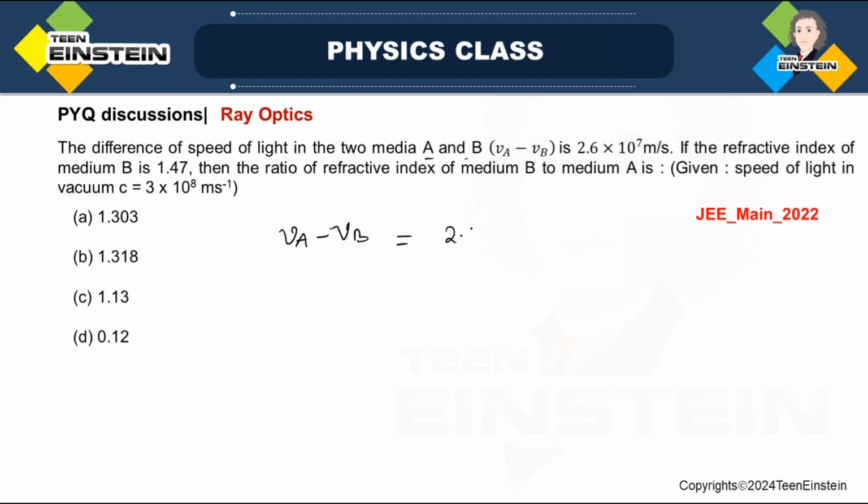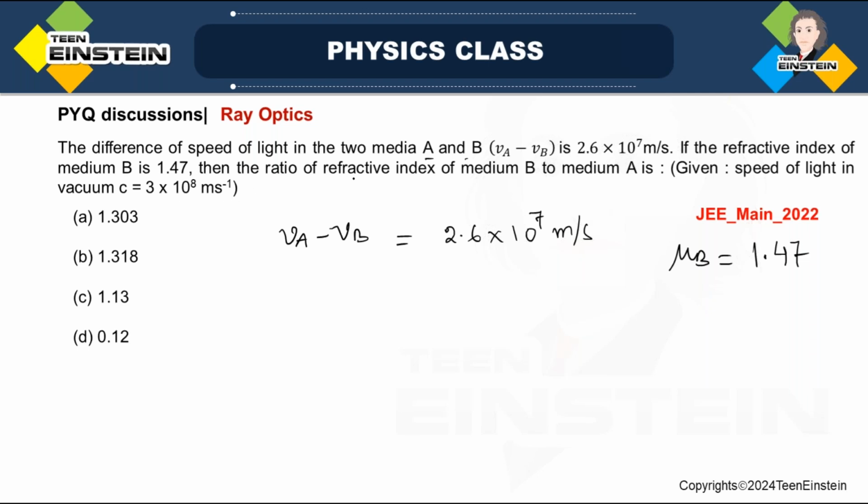That is 2.6 into 10 to the power 7 meter per second. The refractive index of the B medium is given. That means mu B is given. What is that? 1.47.